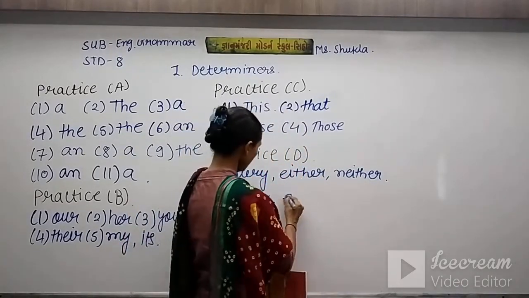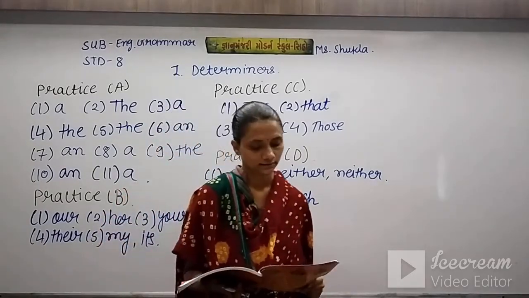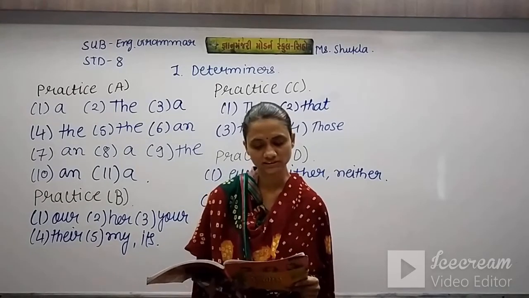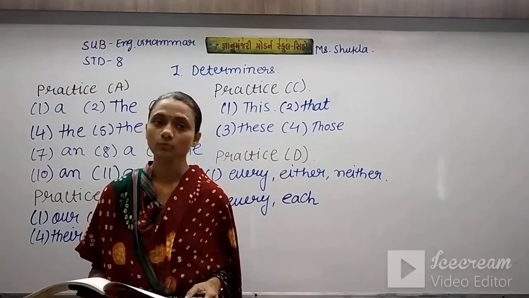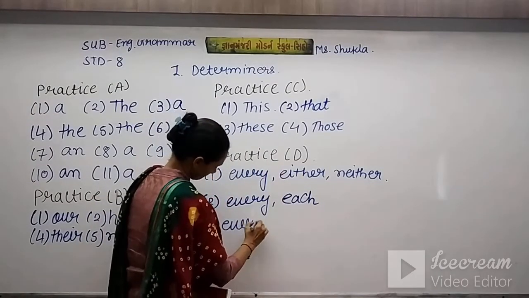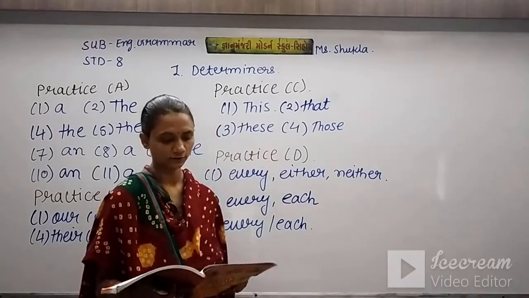So here we have each. Now number 3. A popular comedy is staged during blank festive season in this auditorium. During each and every, both can be possible here, students. Okay, you can write any of these.